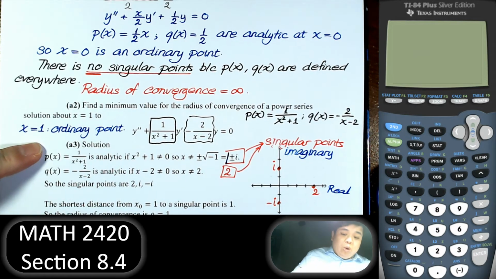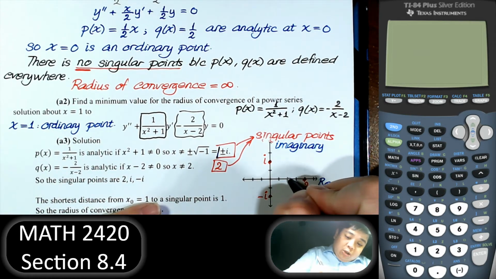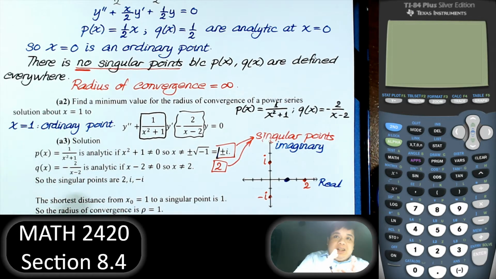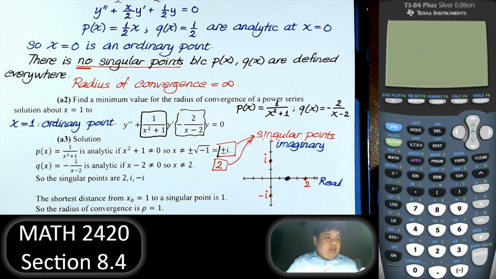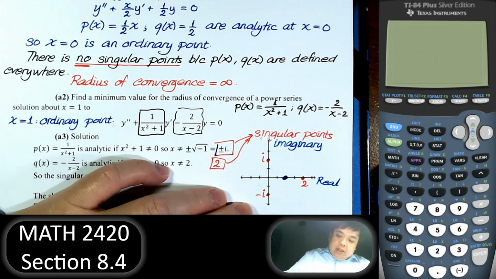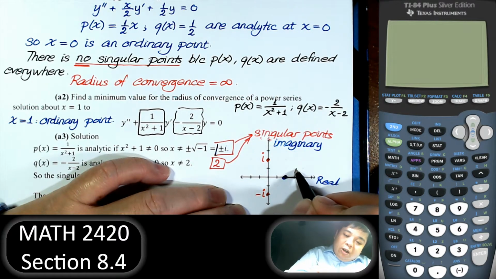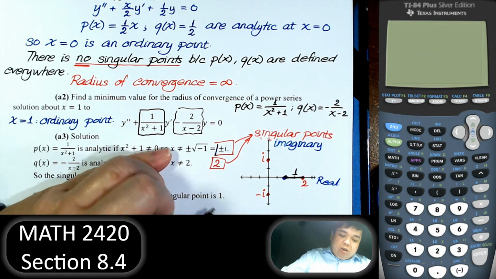We have x equal to 1 as an ordinary point. That's what is given. So this point is the center, the ordinary point. Now we just find the distance from that to the nearest singular point. This distance here is 1, right? 2 minus 1.